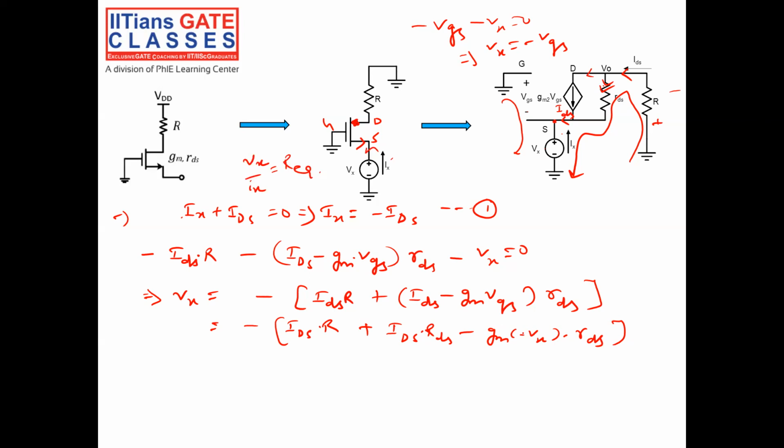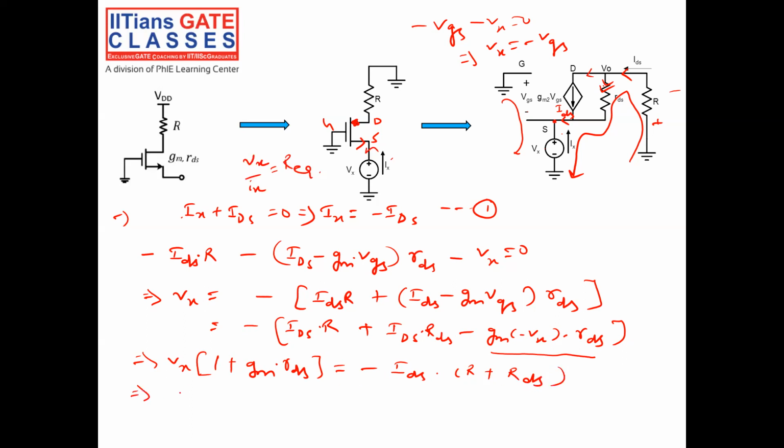So let us take this gm Vx term to this side. That means Vx into 1 plus gm into RDS. What I am doing is, this term with Vx, minus minus becomes plus, goes to the left side and becomes plus gm Vx RDS. So I have taken Vx common and it equals minus IDS into R plus RDS.